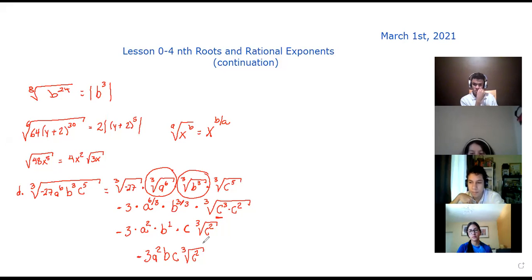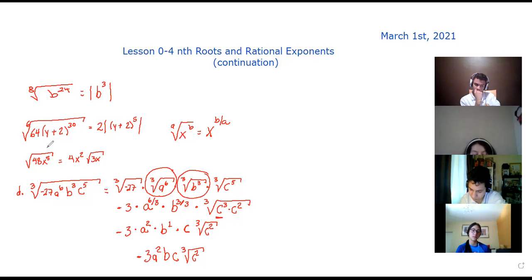Miss, I have a question. So the absolute value, do we have to add it? The absolute value works when, listen carefully, when you have an even power and an even index, and the answer that you get has an odd power. But in this case, it's 3. It's not even, okay?